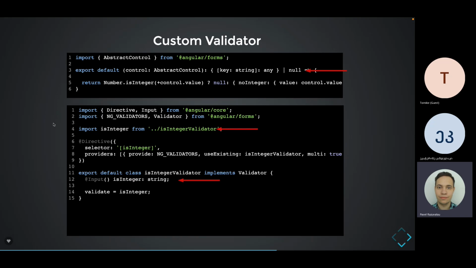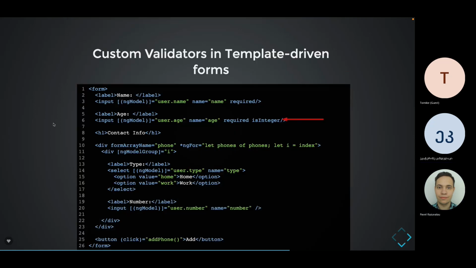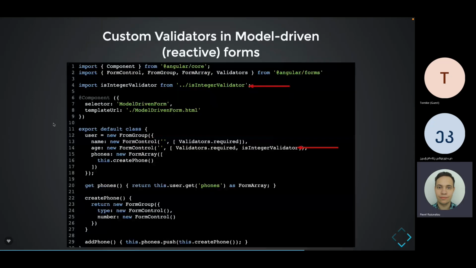If we return either a promise or an observable instead of the regular value, this validator will count as an asynchronous one. It might be useful if you want to organize some asynchronous checks to determine whether an input is valid or not.